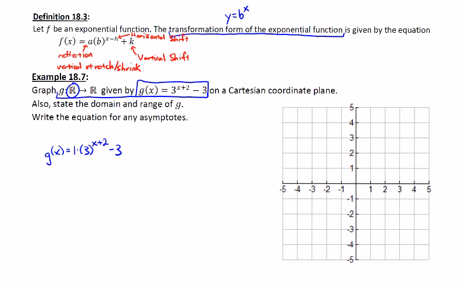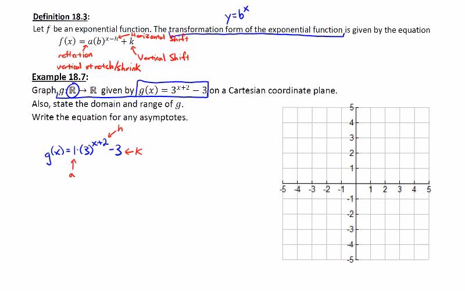That means that your a is equal to 1, your h is going to be coming here from the x plus 2, and then your k is coming from the minus 3 that's there. Now, your a is telling you specifically that there is no stretching or shrinking, and there's also no reflecting going on.